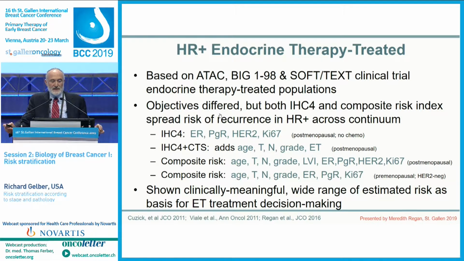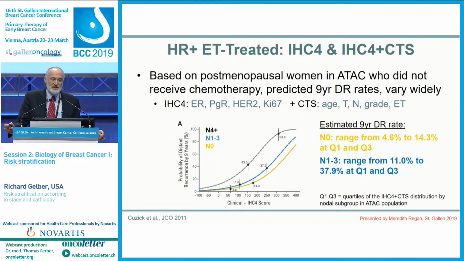I'll come back to that. Composite risk for premenopausal uses age, T, N, grade, ER, PGR, and Ki-67 for premenopausal HER2 negative. These have been shown to be clinically meaningful with a wide range of estimated risk as a basis for endocrine therapy decision making.